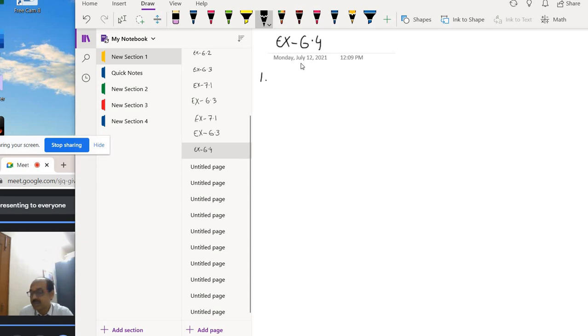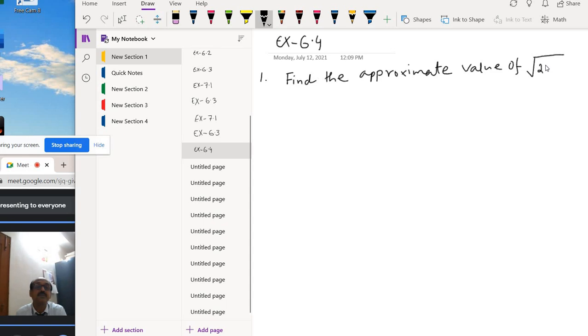So, number 1 question is, find the approximate value of under root 25.3, up to 3 places of decimal.